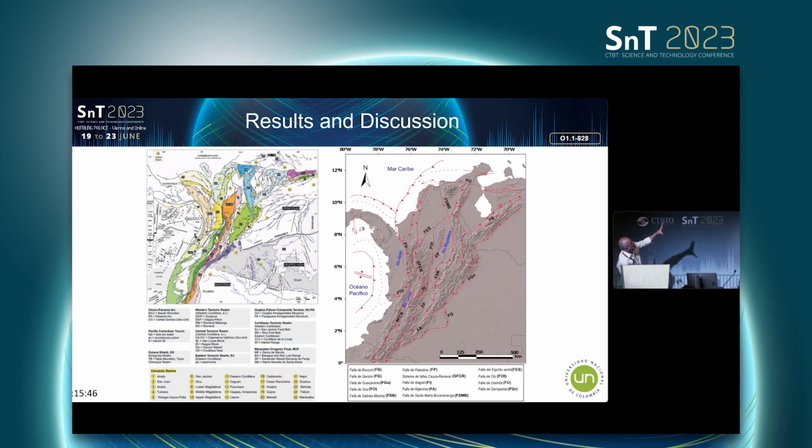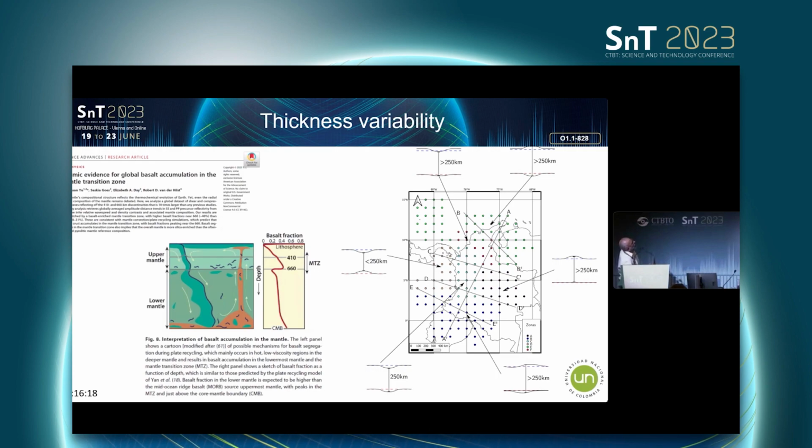You also see some limits of this orogenic system, basically bordering with faults that may explain some behavior of the distribution of these anomalies.